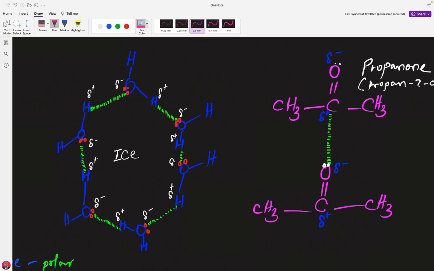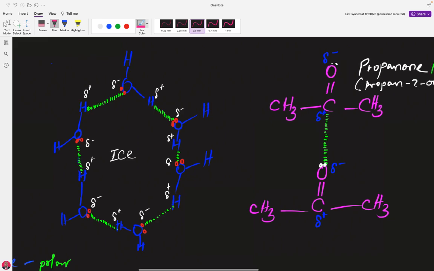You see there's a positive here and a negative here, so we call it dipole intermolecular forces, because they are between molecules: the molecule of water and the other molecule of water. In other words, the hydrogen bonds that are formed are dipole intermolecular forces. Hydrogen bonds are intermolecular forces.